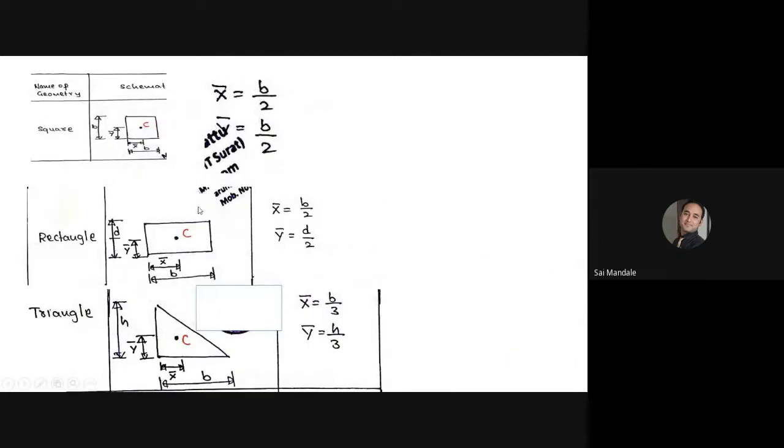Then we have studied the CG for different sections: the square section, the rectangle section, the triangle section. The CG is like X bar is equal to B by 2 and Y bar is D by 2 for the rectangle section, and B by 2 and D by 2 for the square section. Then it is H by 3 for the triangular section.